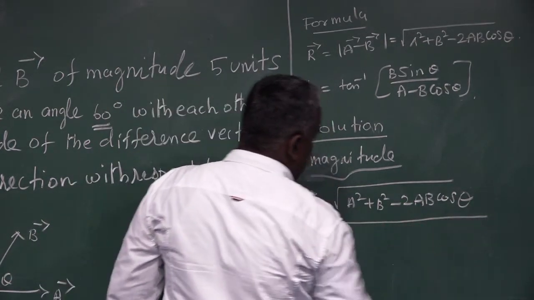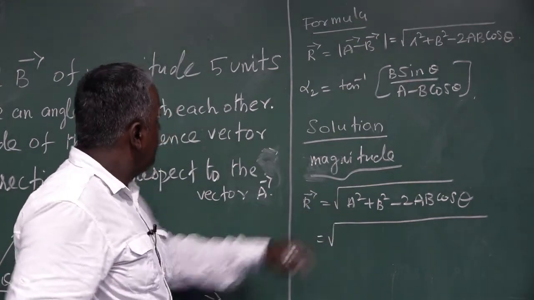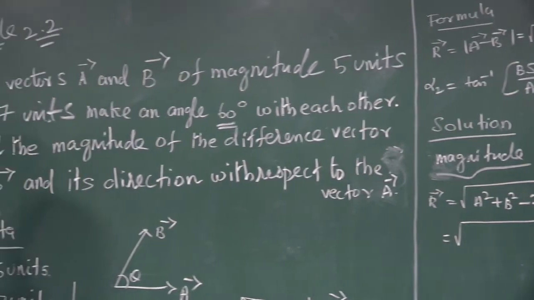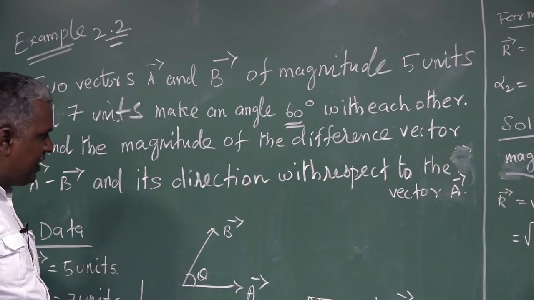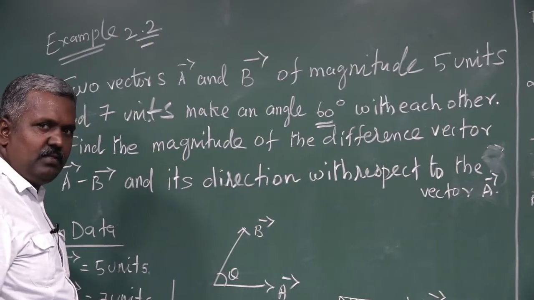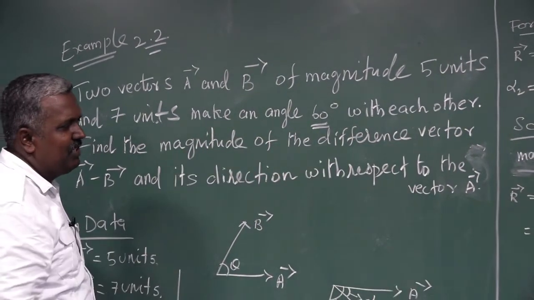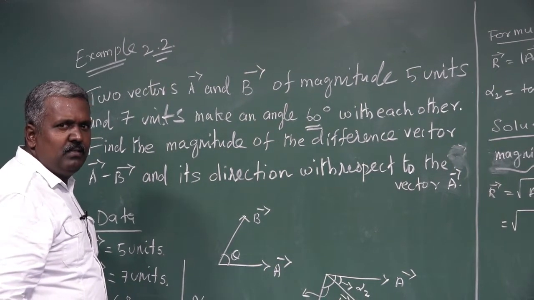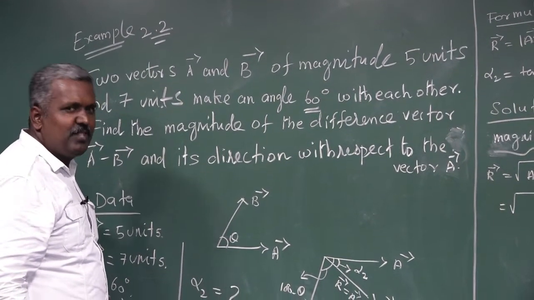Value of A vector is 5 units, value of B vector 7 units, theta value 60 degree. Directly you can substitute in this formula. After substituting, we get the answer.